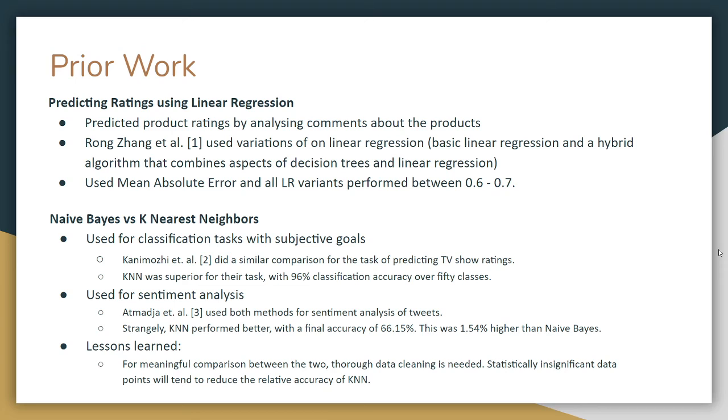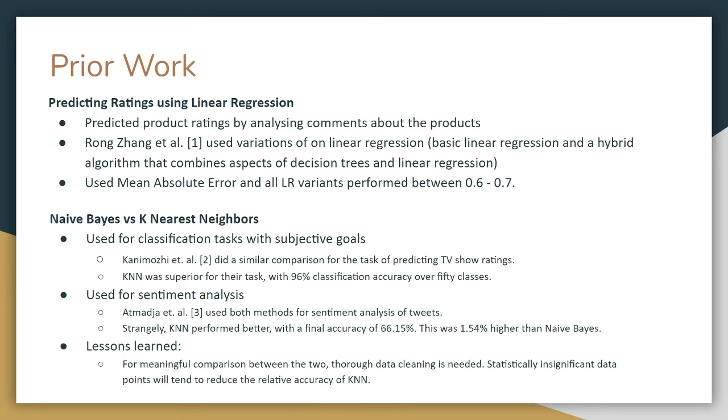So prior work, there's a lot here, so I'm just going to go over some of the highlights. We wanted to look at both research pertaining to predicting ratings of some sort and research comparing the 3 different algorithms head to head. For predicting ratings, we found some prior work on predicting product ratings using linear regression, and it found that linear regression measured with mean absolute error only had an effectiveness of between 0.6 and 0.7 on this sort of problem.